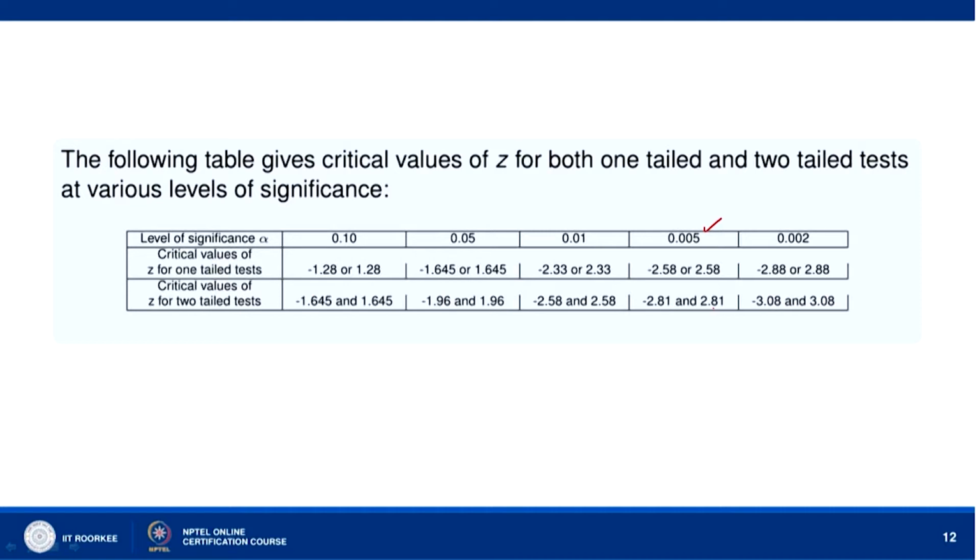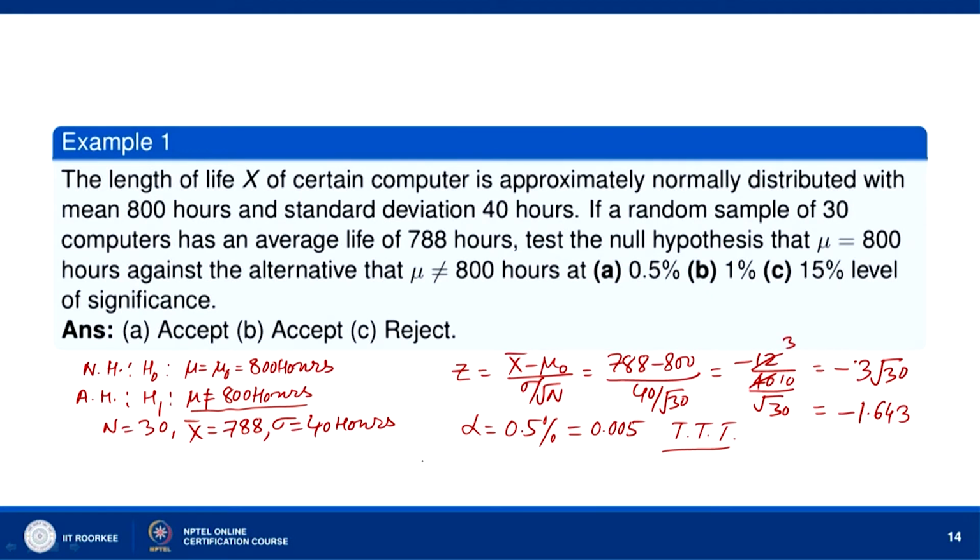The critical values of Z are minus 2.81 and plus 2.81.